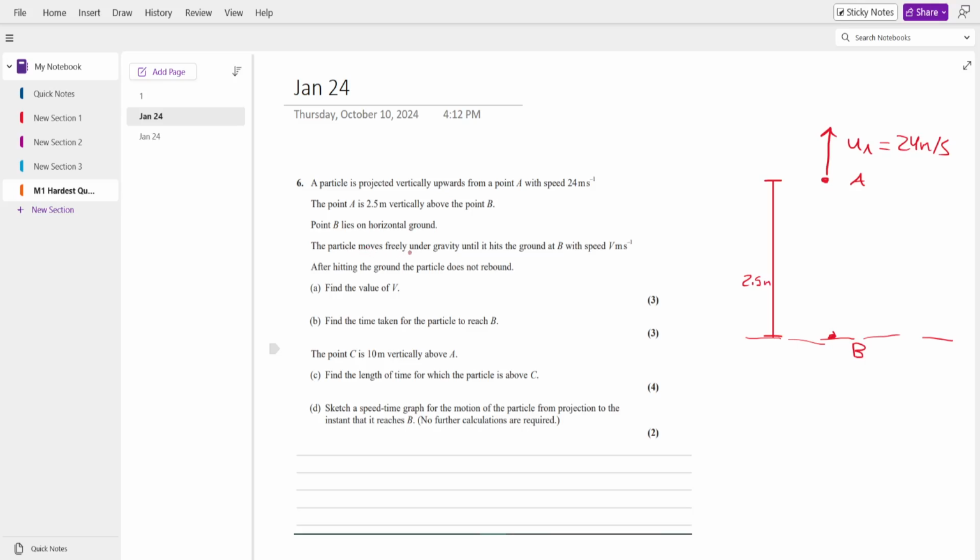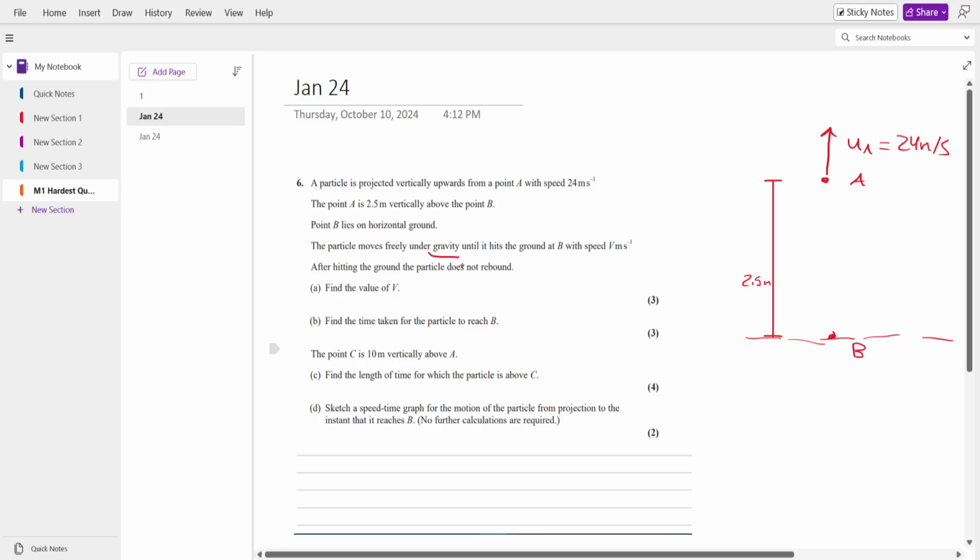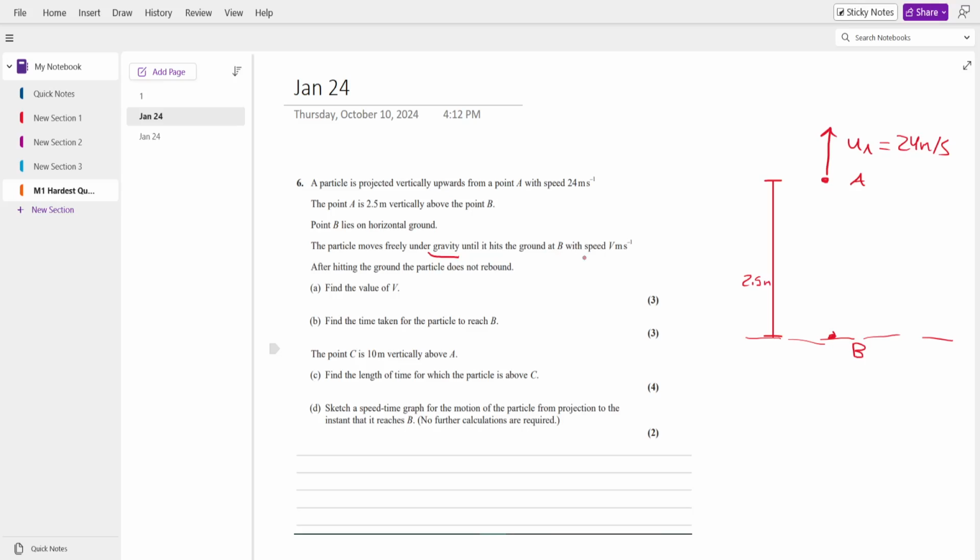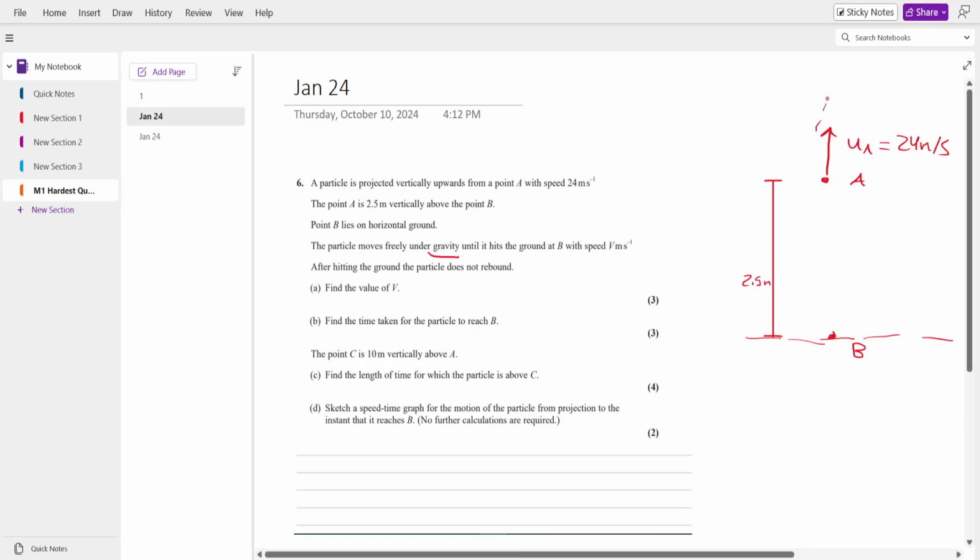The particle moves freely under gravity. I know that the acceleration working here is the acceleration due to gravity until it hits the ground at B with a speed v. So I'd expect this particle to go up and then go down again until it reaches the ground.